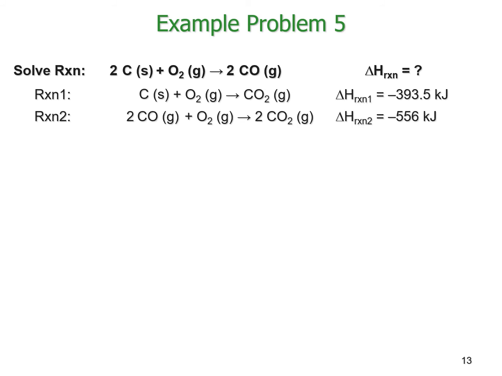In this problem, we try to solve for delta H of this reaction, making carbon monoxide from carbon and oxygen. Direct measurement of this reaction is next to impossible. We have a very slim chance to get it done.